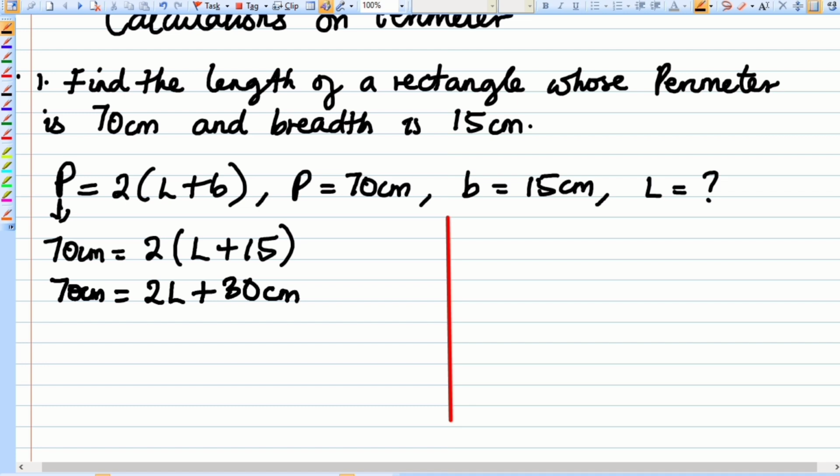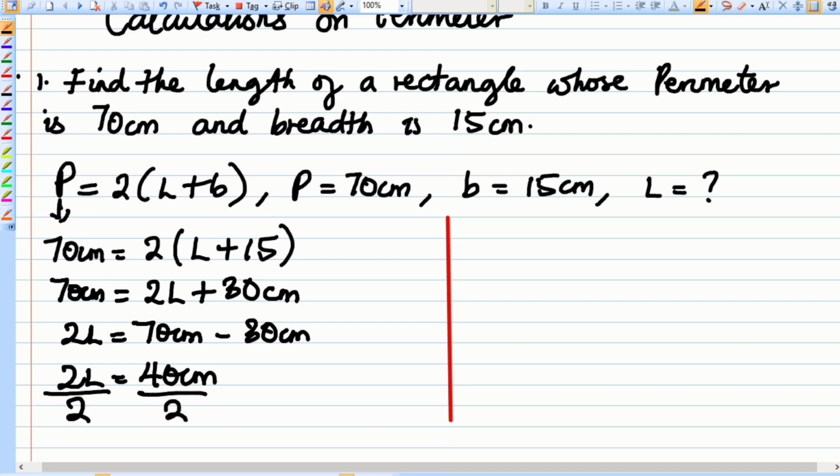So we have that 2L is equal to, so I'm going to move 30 the other side, so I have 70 cm minus 30 cm, because this was positive. When it's crossing the other side, it becomes negative. So we have 2L equal to 70 minus 30, which is 40 cm.